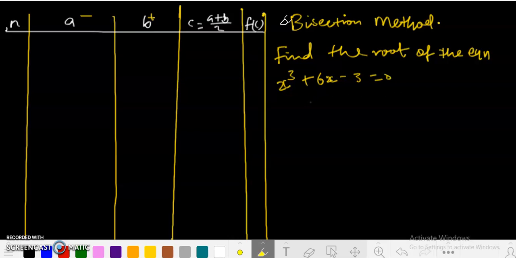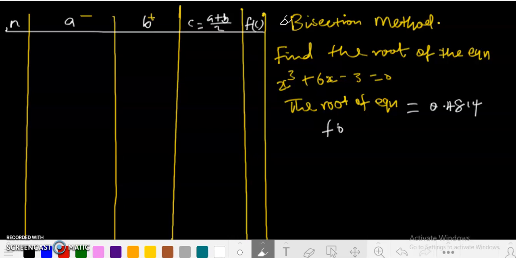We evaluated this, and the root of this equation is equal to 0.4814.